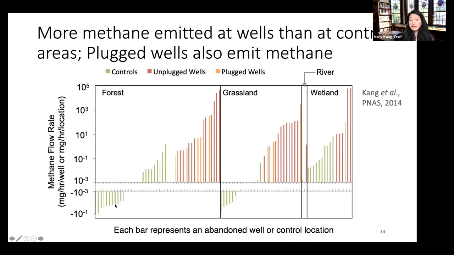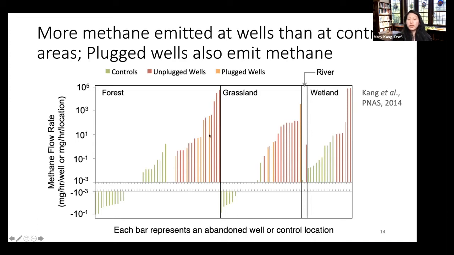And in about half of those cases, it's actually a sink for methane, which is what we know about forest soils. And similarly for grassland, we see the same thing. For wetland, we know wetlands are sources of methane to the atmosphere, so you can see the background is always emitting methane. But again, the emission rates are much lower than at wells.